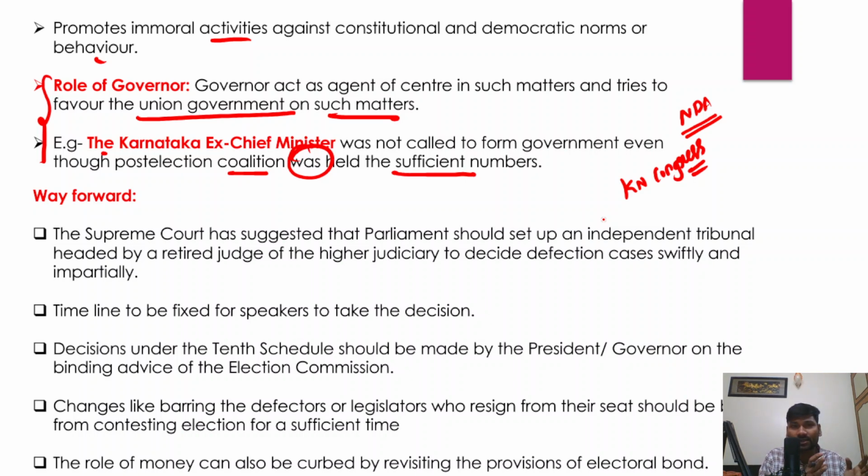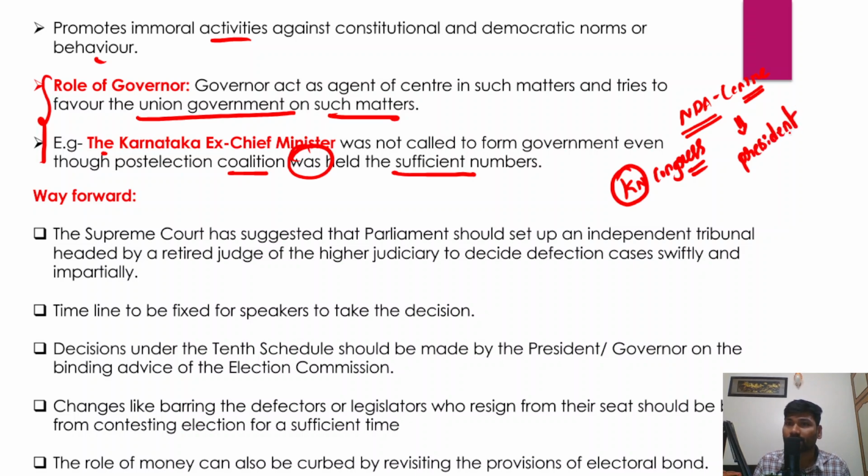The very same thing happened while Congress was at the center and opposition political parties were having governments in these states. Now for example, the NDA government is in power at the center, and Congress is in power in the state of Karnataka. Now imagine that the governor is appointed by whom? The governor is appointed by the president.